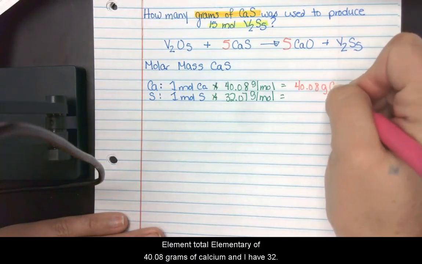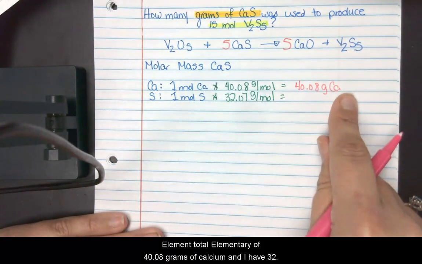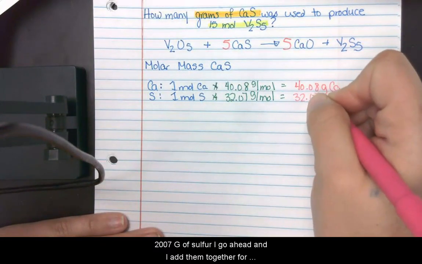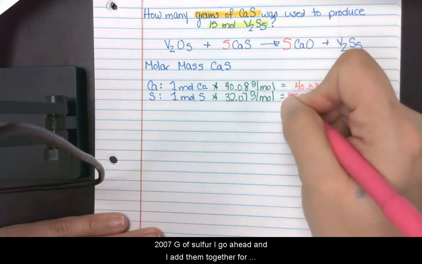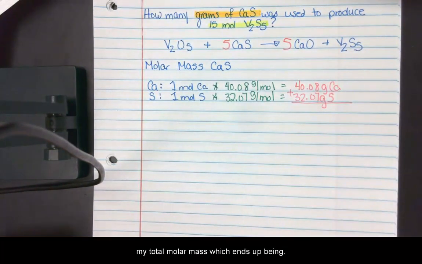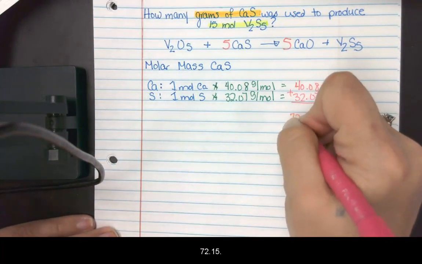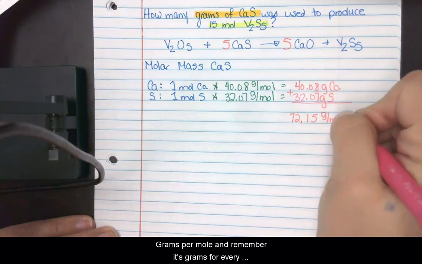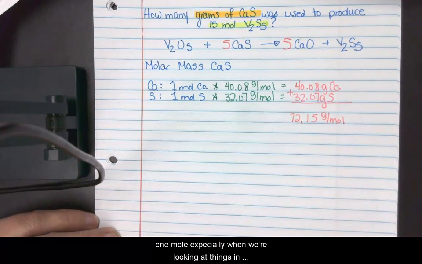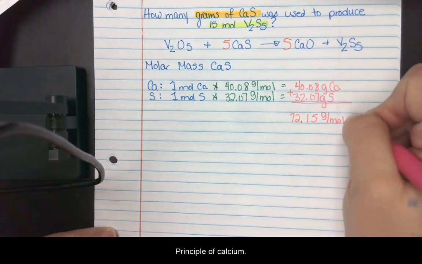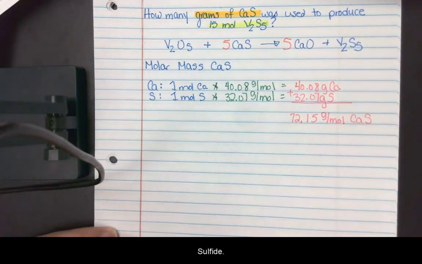So I have 40.08 grams of calcium and 32.07 grams of sulfur. I add them together for my total molar mass, which ends up being 72.15 grams per mole. And remember, it's grams for every 1 mole, especially when we're looking at things in terms of dimensional analysis and mole ratios. That's grams per mole of calcium sulfide.